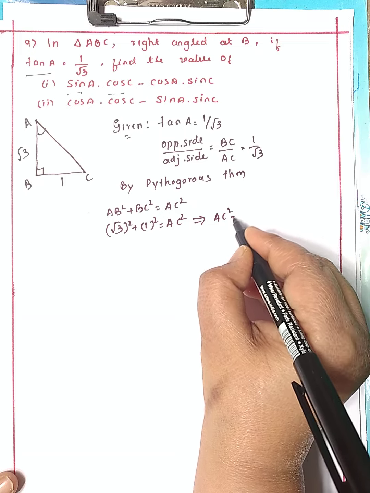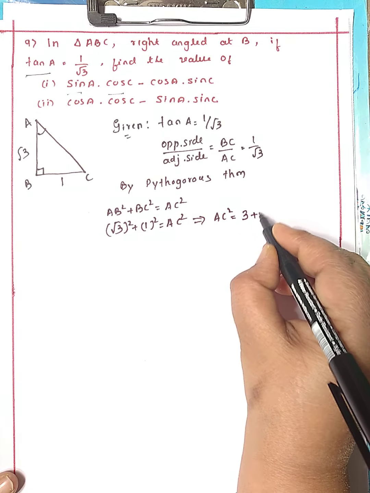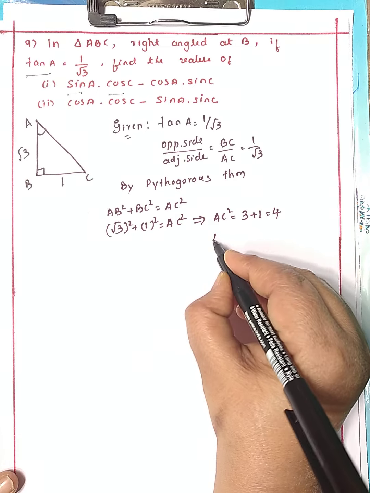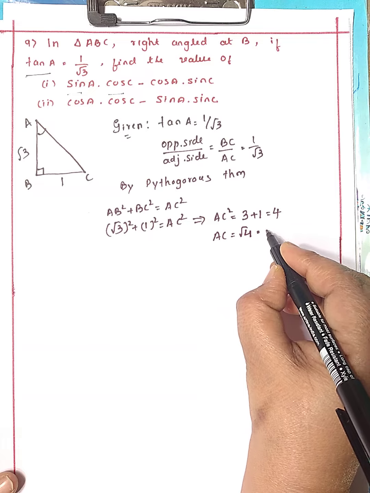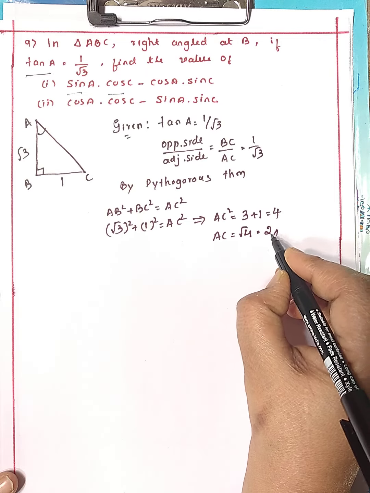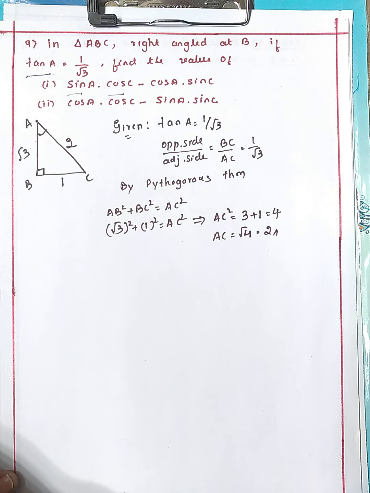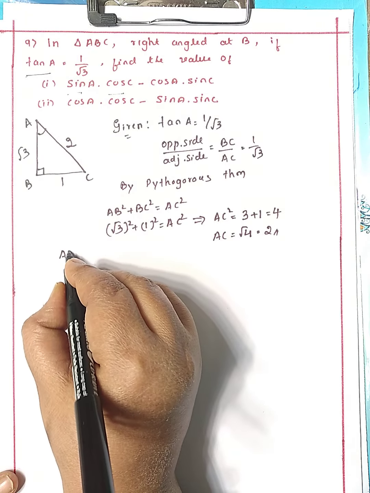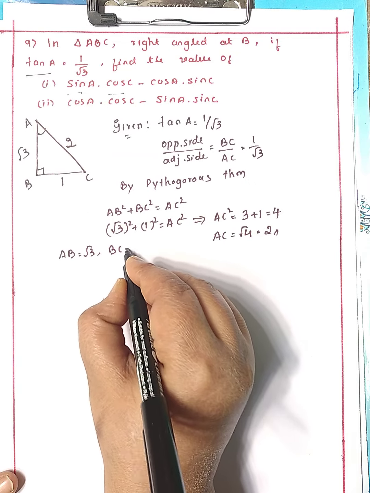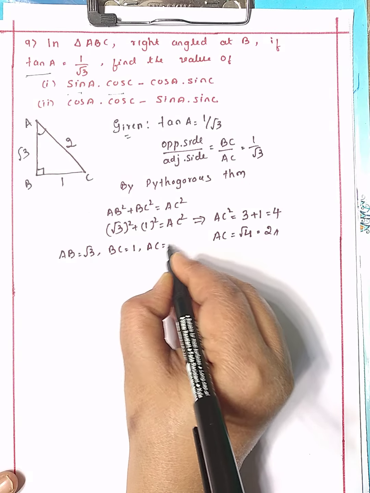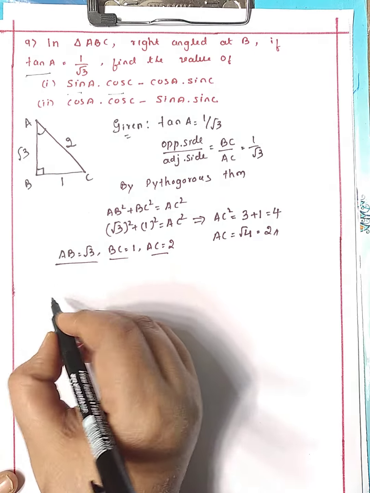Means AC square equal to root 3 whole square, 3 plus 1 equal to 4. AC equal to square root of 4, that is 2. We will get AC as hypotenuse as 2. Now AB is root 3, BC is 1 and AC equal to 2. Now write sin A.